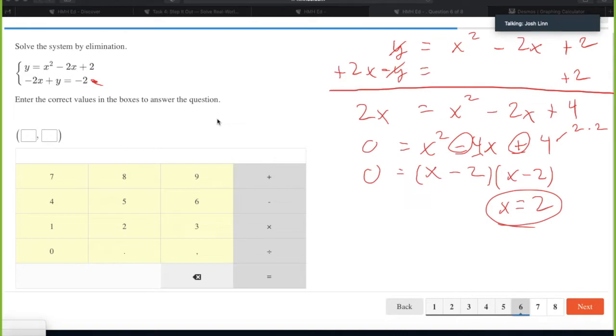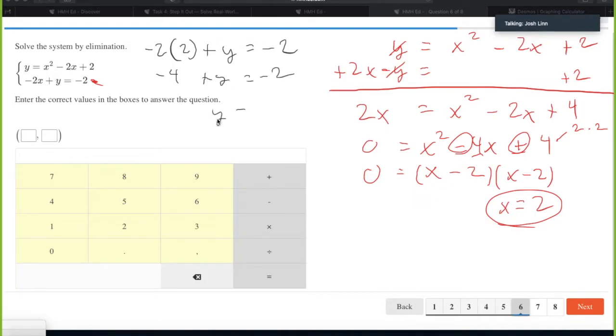And I'll switch to black. So we've got negative 2 times 2 plus y equals negative 2. Probably could have set everything equal to y, or solved for y first, but whatever, it doesn't matter. So this is -4 plus y equals -2.